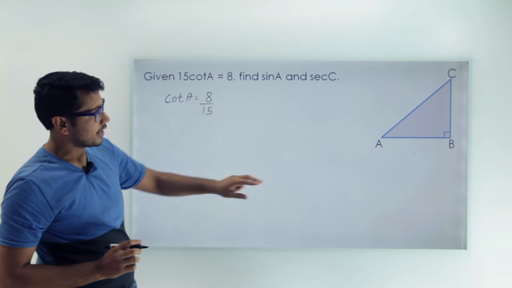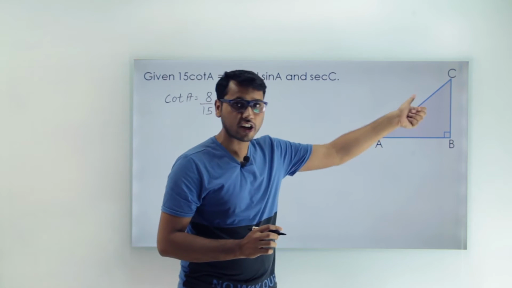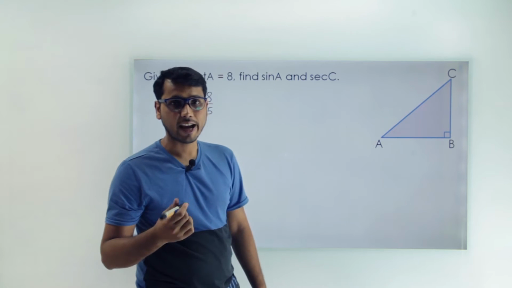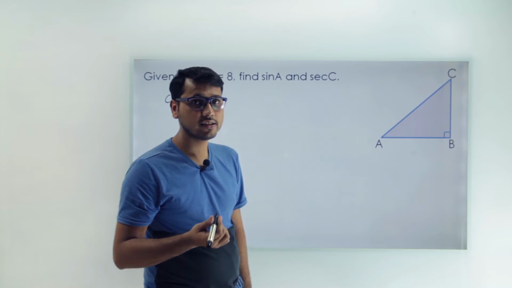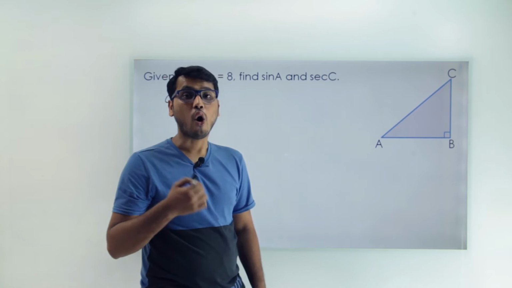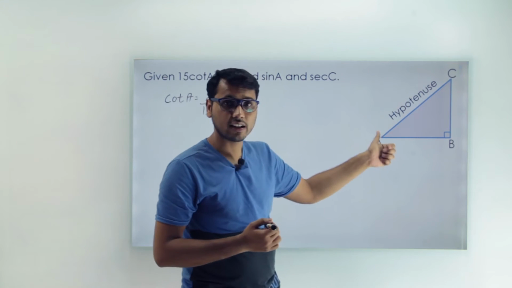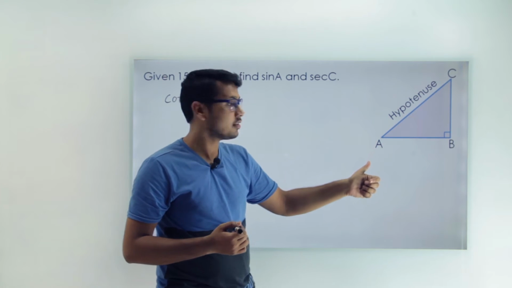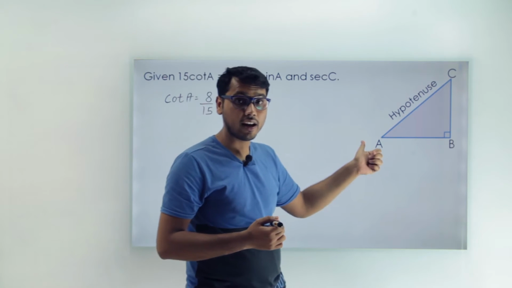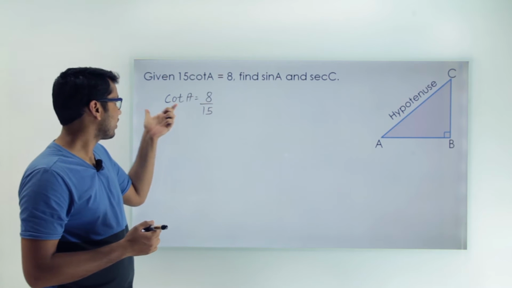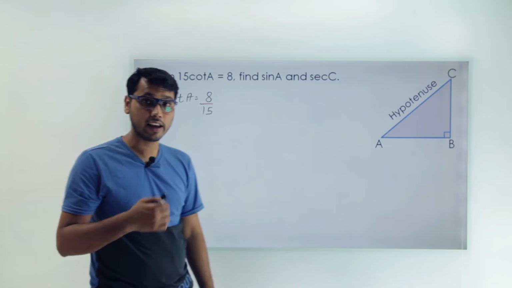Now, can you tell me in this right angle triangle ABC, which is the hypotenuse? The hypotenuse is the side which is opposite to the right angle. So AC is our hypotenuse, and since we are given cot A, we have to take angle A here.